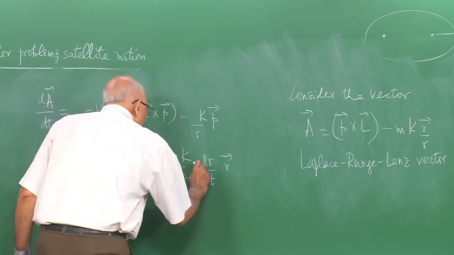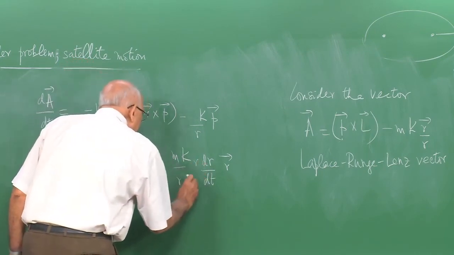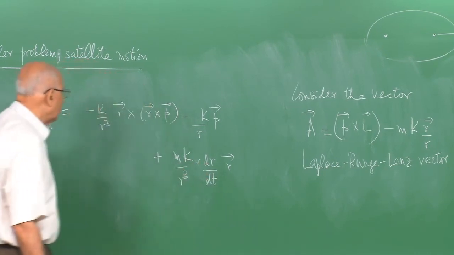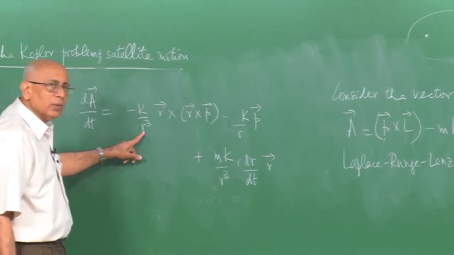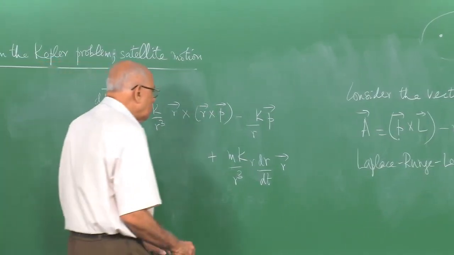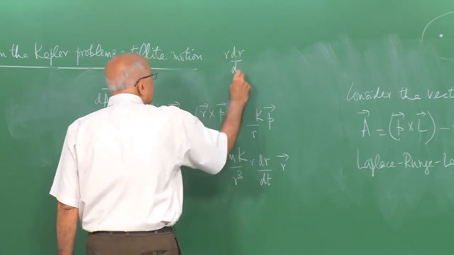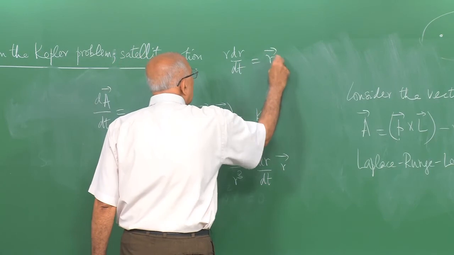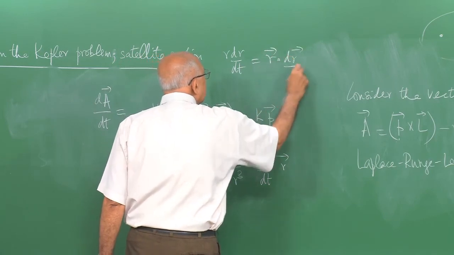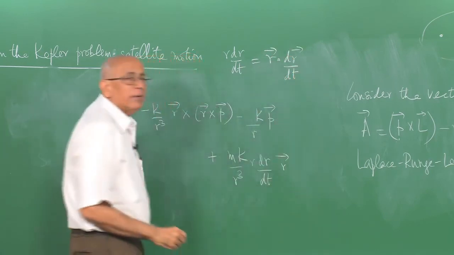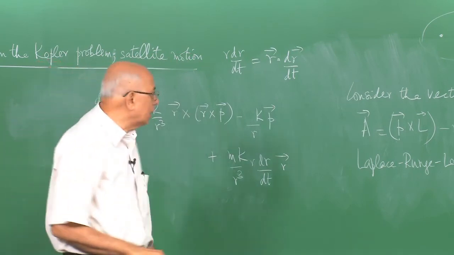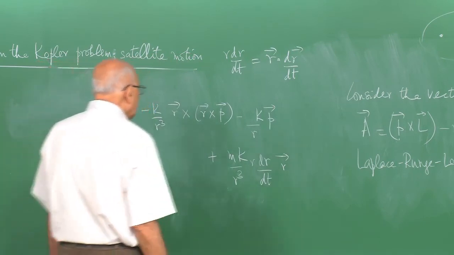So the trick is to multiply by r and divide by r, so it gives you r cubed. There is an r cubed here, you see what is going to happen, and then use the fact that r dr over dt equals r dot dr over dt. That is a vector identity we proved a little earlier in general for any time dependent vector.